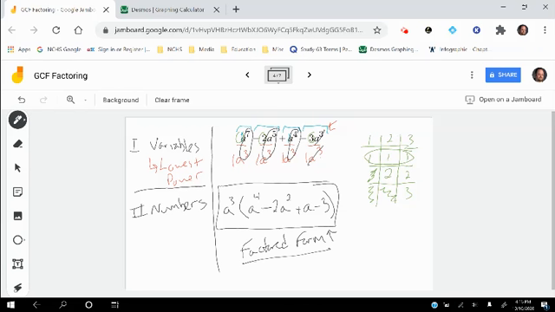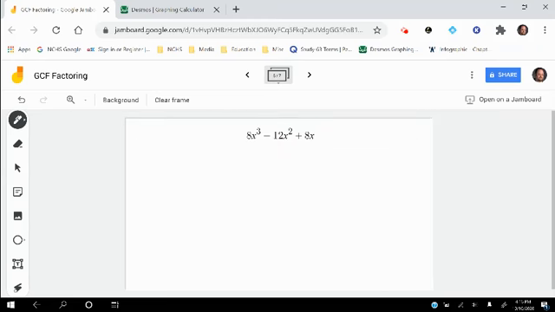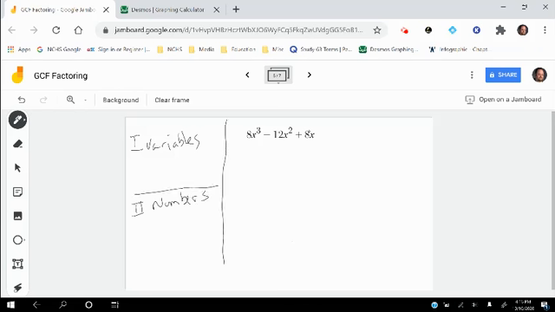Okay, so we looked at one where it had just a number GCF and one where it had a variable GCF. So let's look at this next one. So again, I am looking at the variables, and then I'm looking at the numbers. So I have 8x to the third minus 12x squared plus 8x.